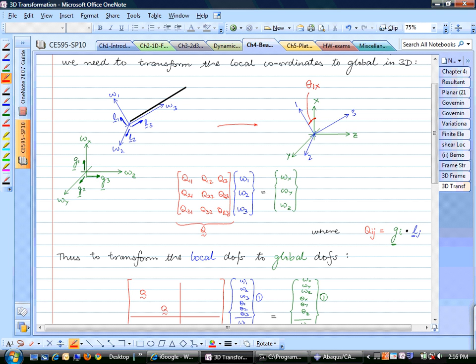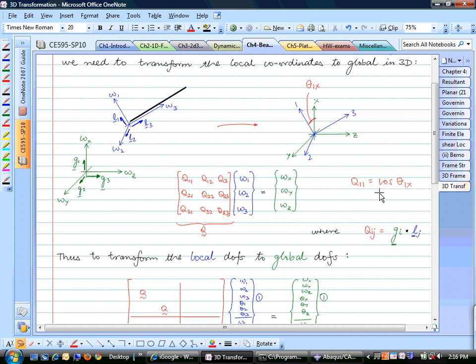So this Q11 is actually equal to cosine of theta 1x. And similarly, if you measure all the angles between 1 and, let's say, y, 1 and z, you will have theta 1y, theta 1z, and so on.